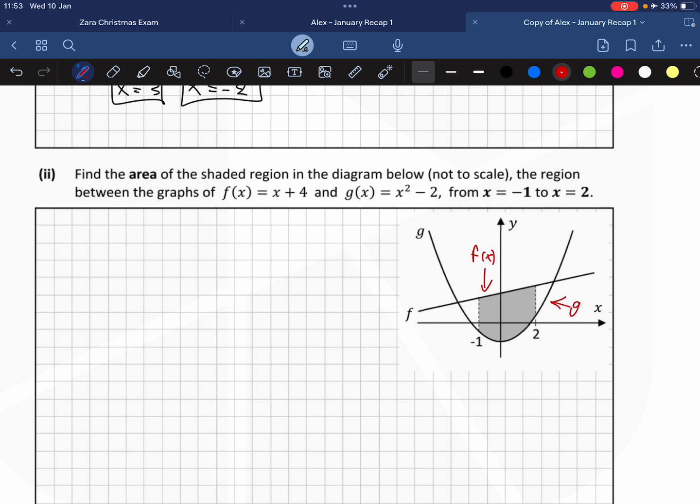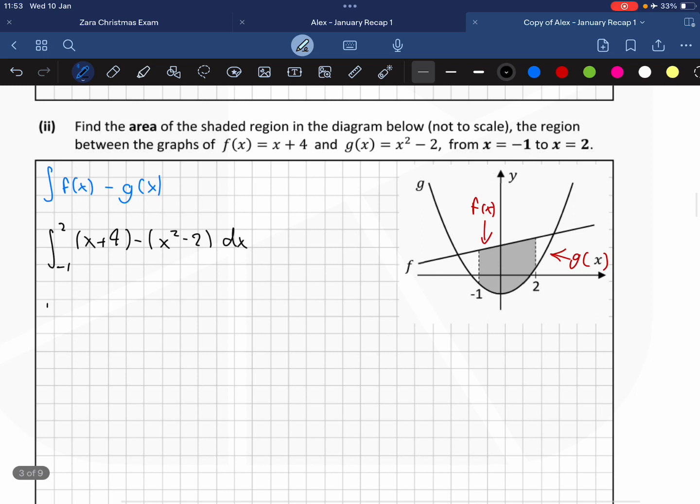I know it's written there, but just to simplify it. So it's f of x subtract g of x, and then we're going to find the integral of that. So it's the integral between minus 1 and 2 of f of x, which is x plus 4, minus g of x, which is x squared minus 2, dx.